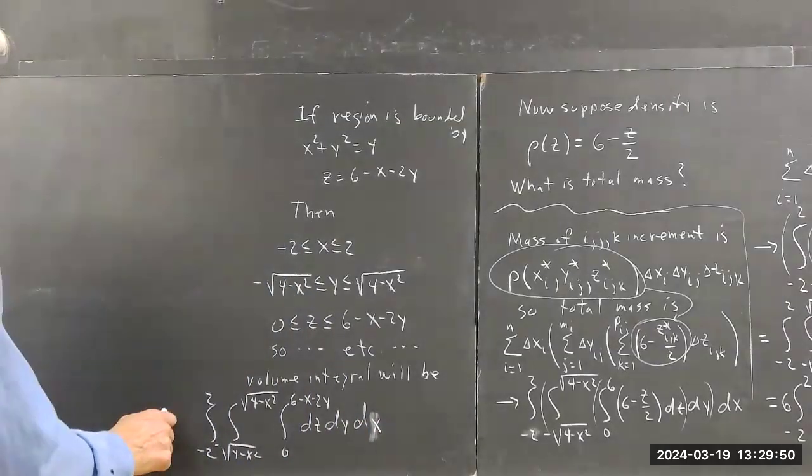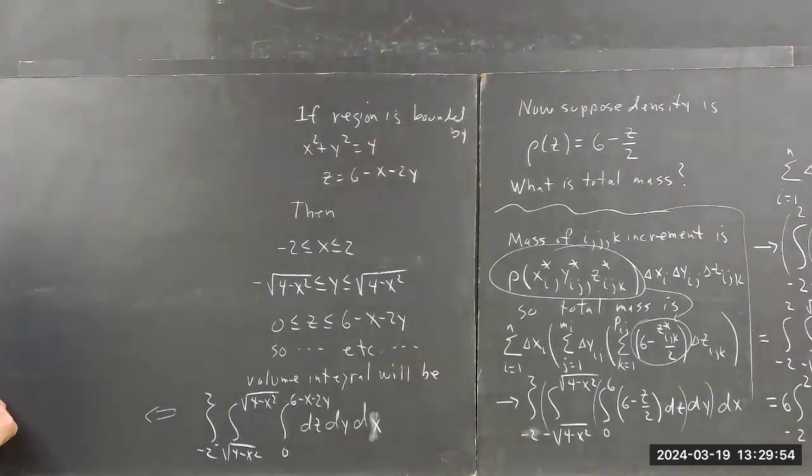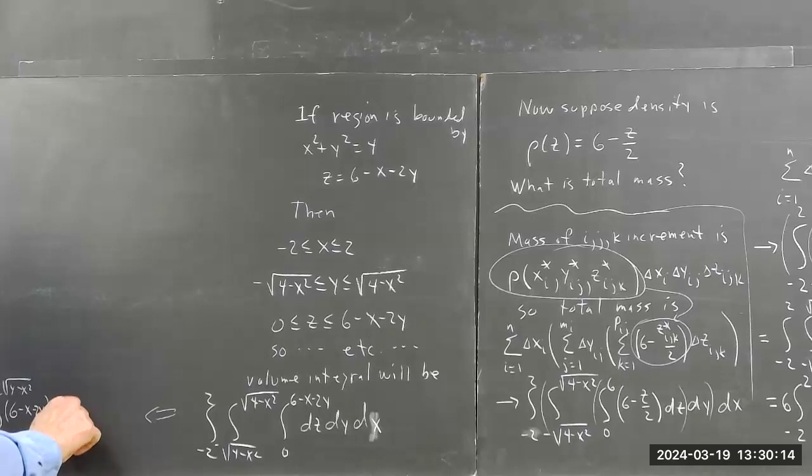And this is going to then give you the integral from -2 to 2, the integral from negative square root of 4 minus x squared to the square root of 4 minus x squared of 6 minus x minus 2y dy dx.